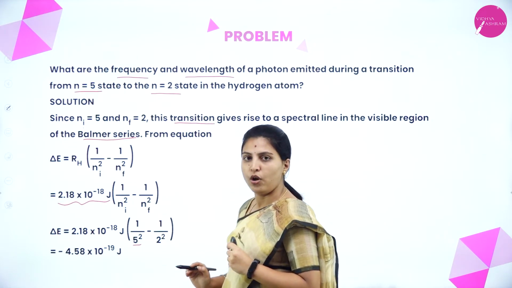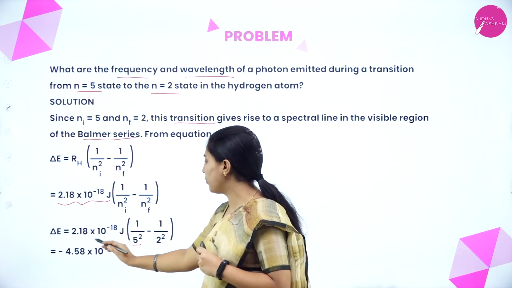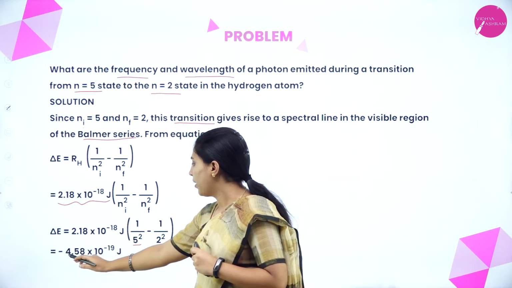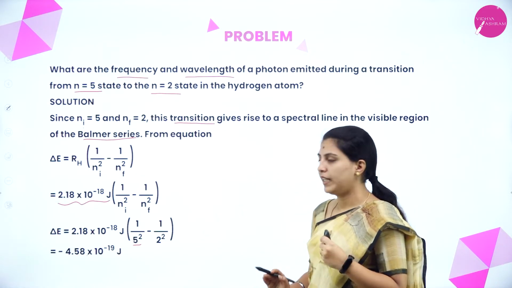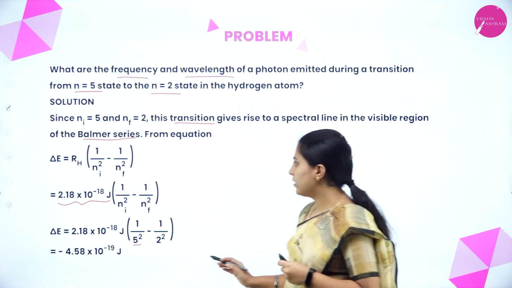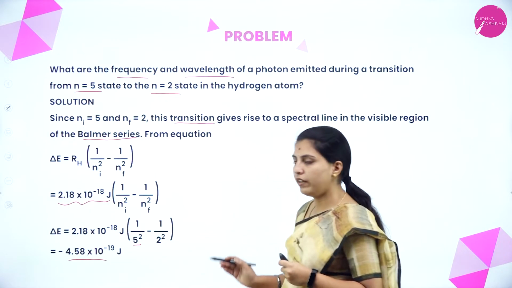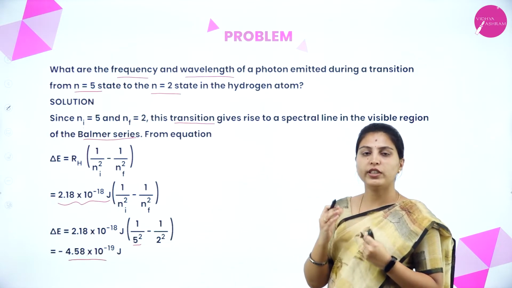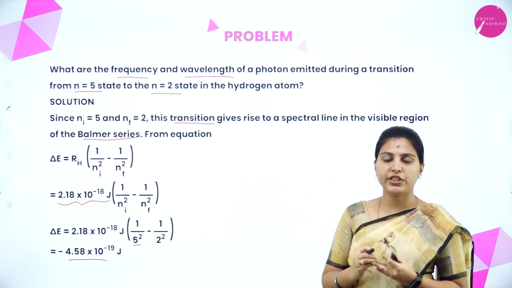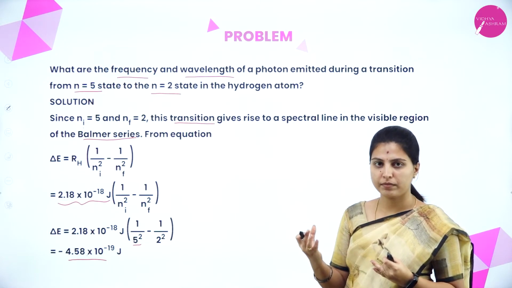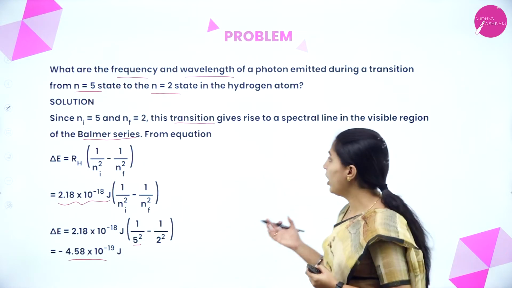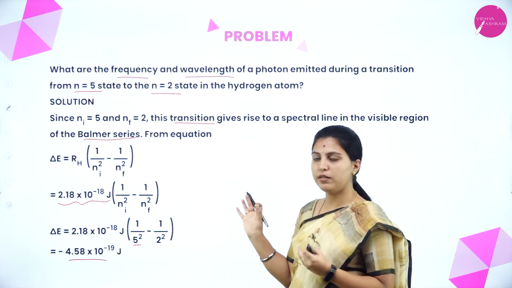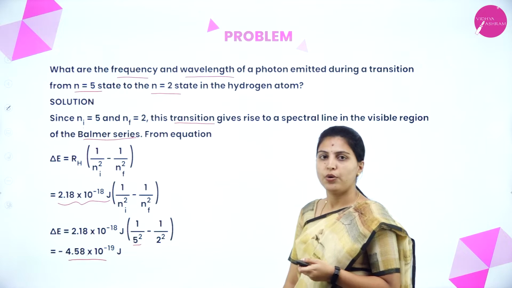After everything is substituted, we will get minus 4.58 into 10 to the power of minus 19 joules. This is the energy we have got. You know how the transition goes from the initial level to the final level, how it will be emitted, how it will be absorbed. Based on those terms, they have given this problem.